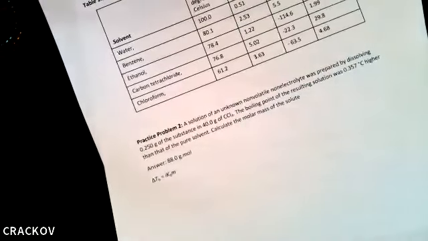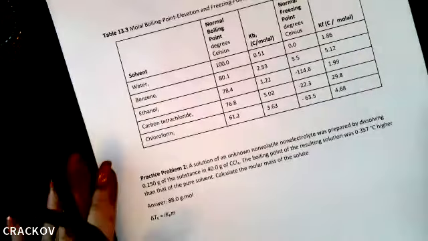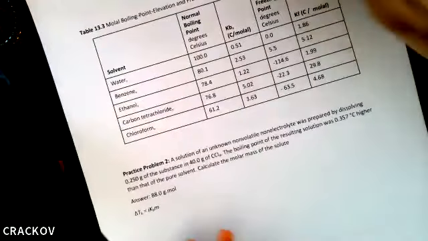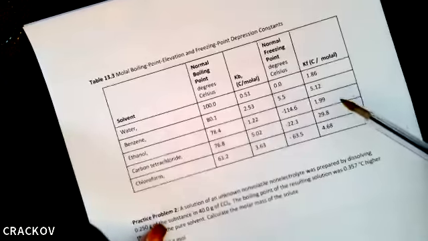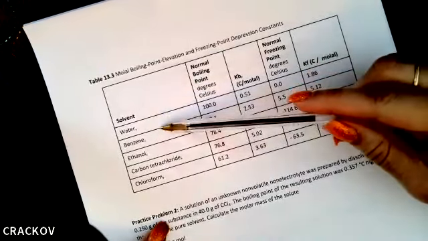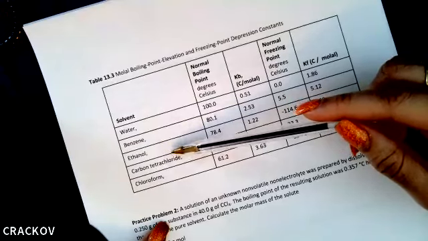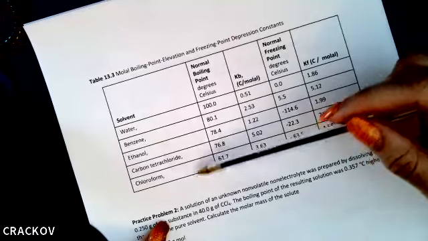So you have here this table. Let me show here. Molar boiling point elevation and freezing point depression constants. So have here solvent, you have water, benzene, ethanol, carbon tetrachloride, chloroform.